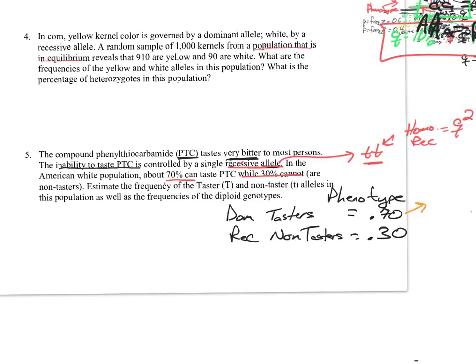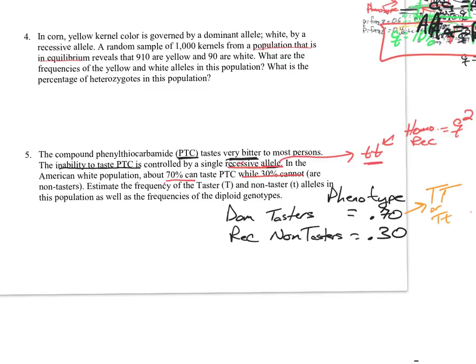Tasters, they're dominant. Does that tell me anything about the allele frequency? Why not? I know they got a big T. Well, here's the thing, Omarion, this could have big T, big T, or it could have big T, little t.